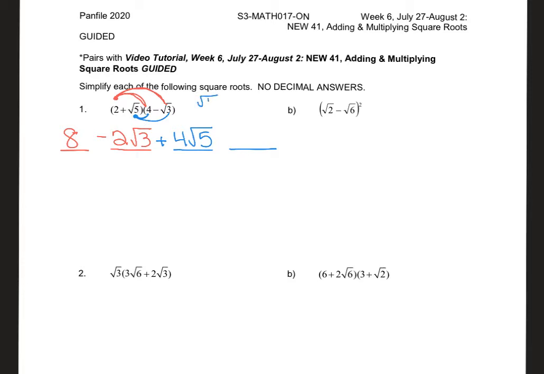If I write this, you might not be able to tell where the root ends and where the coefficient begins. So if I'm doing root 5 times 4, I pop the 4, which is the coefficient, out in front. So positive 4 root 5. And then positive root 5 times negative root 3. Remember, if you have 2 roots, you can multiply them together and put it under the root. So that is a negative root 15.